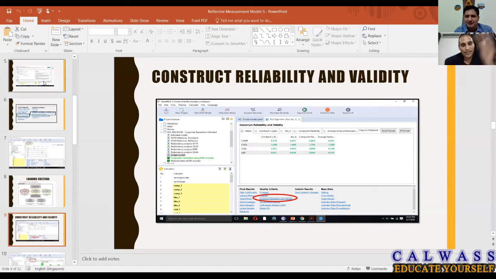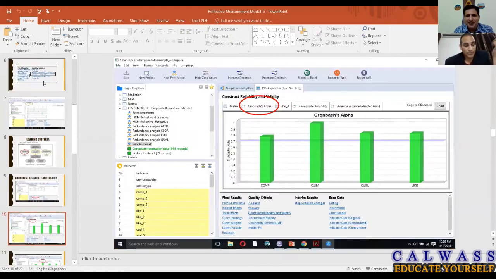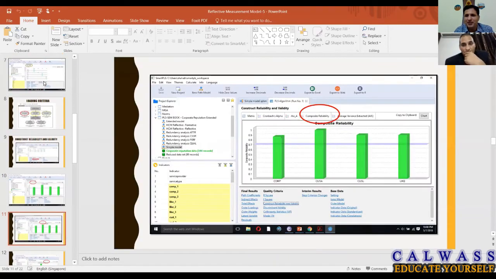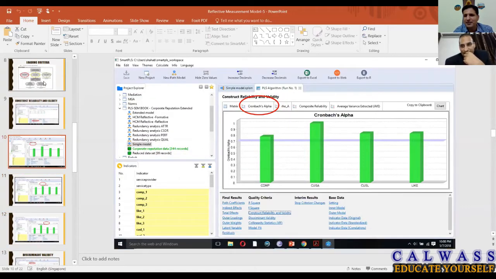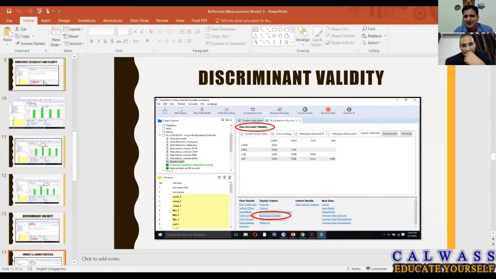That's another full-length session. We will definitely arrange one workshop on how to develop a questionnaire properly, what things need to be considered in terms of content validity, face validity, and discriminant and convergent validity.